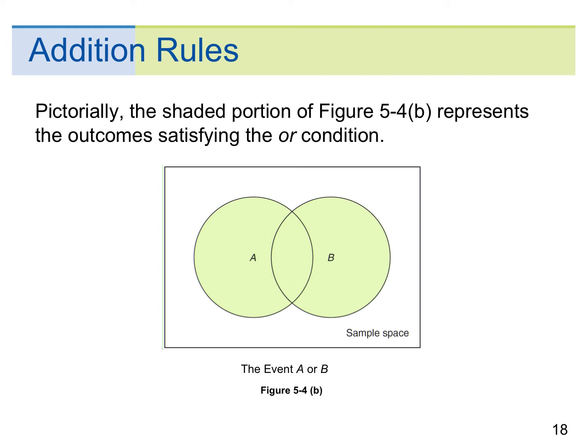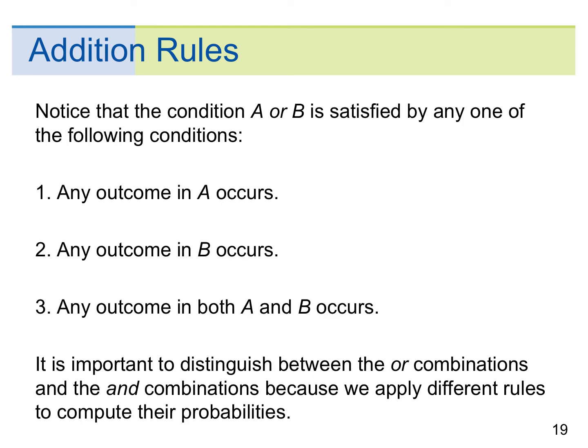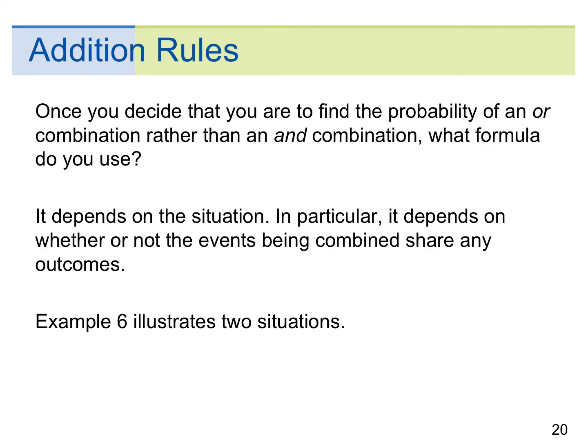So, or is the big picture. It's everything shaded in of this, okay? Or is bigger, okay? You use addition rules when only one thing is happening, okay? But the events can be mutually exclusive or not.